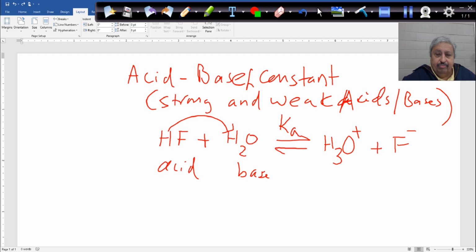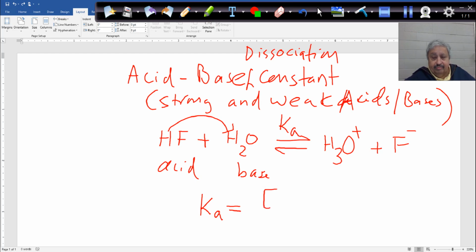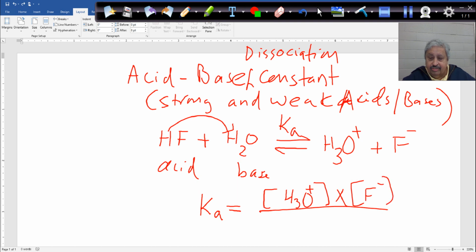So the Ka will be the ratio between the products over the reactants, the same thing as in chapter 8, equilibrium, remember? Those are the products, over the reactants, HF and H2O.